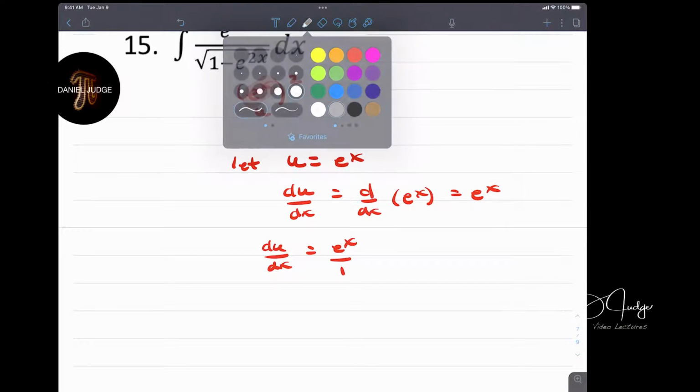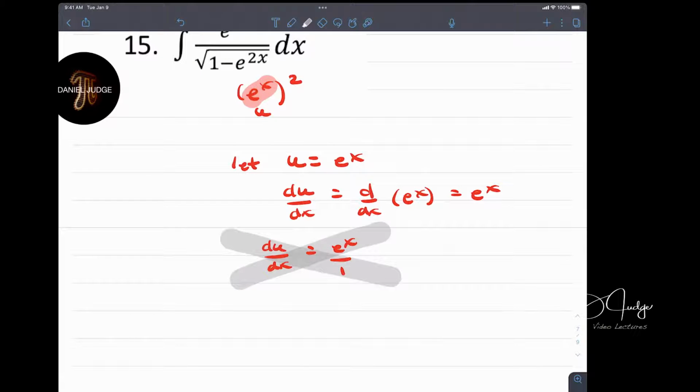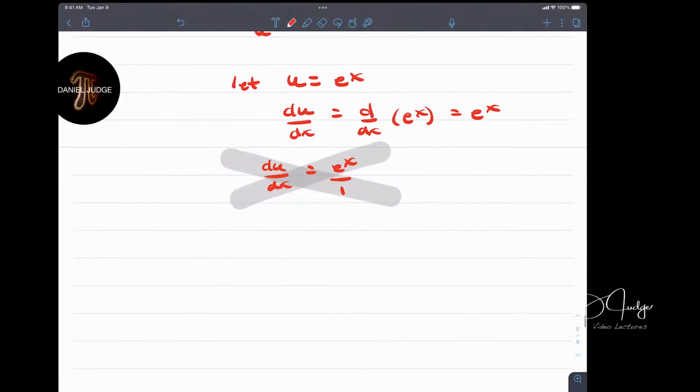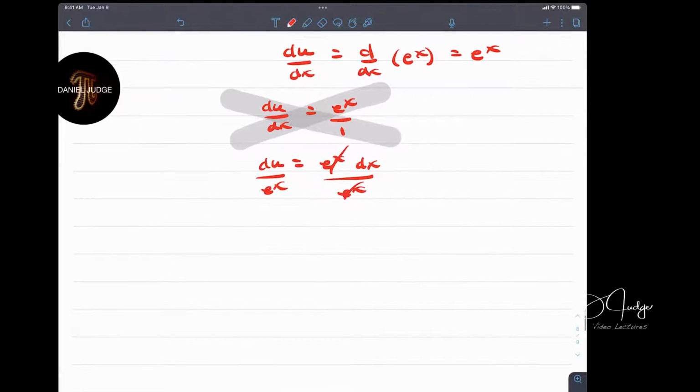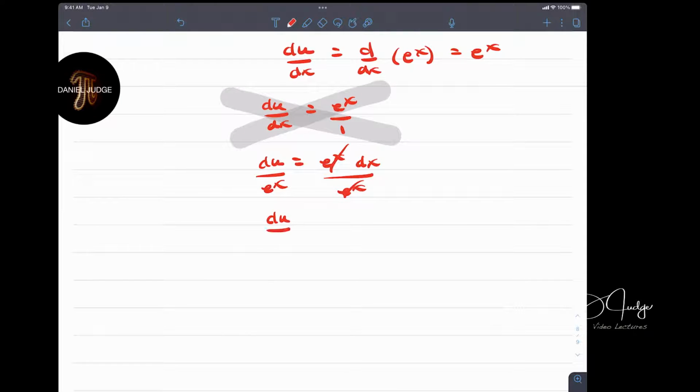So you get to do your cross multiplication to solve for dx. Du times 1 is du, and then you get e to the x dx. Divide both sides by e to the x. And you get du over e to the x is dx.